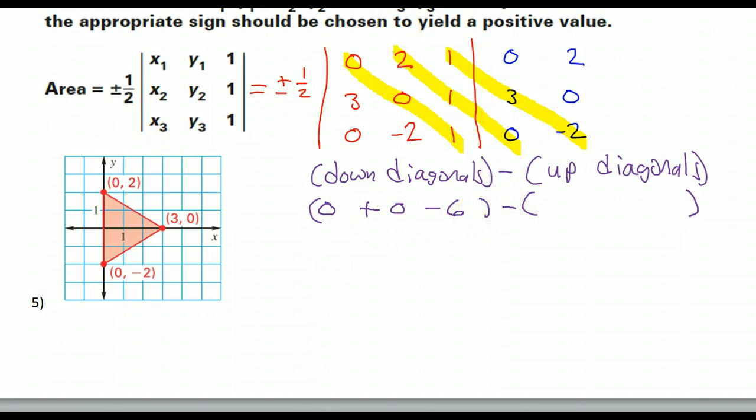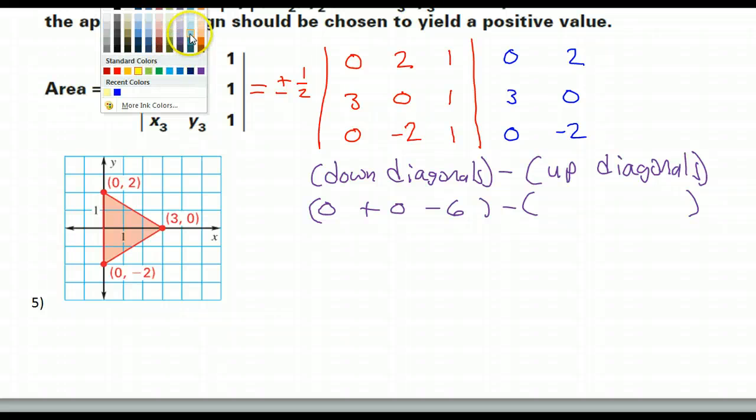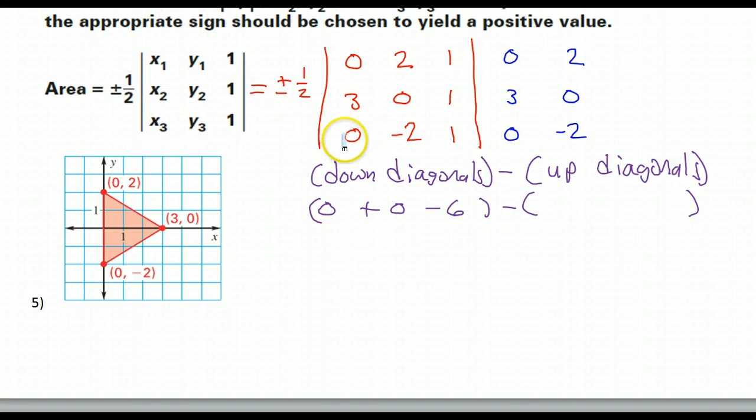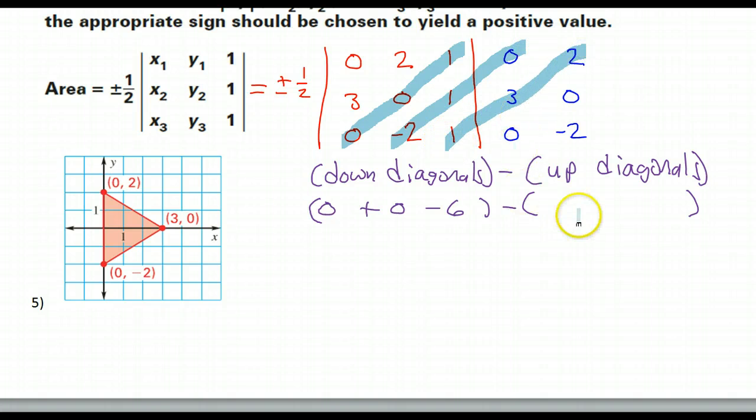Now the up diagonals are going to look like this. And this time I think I'm going to erase my down diagonals. All right, now my up diagonals are looking like this. Here's an up diagonal, and there's another up diagonal, and there's a third up diagonal.